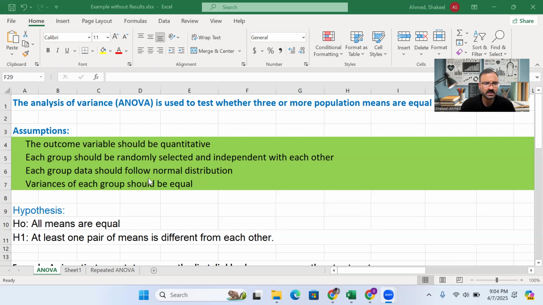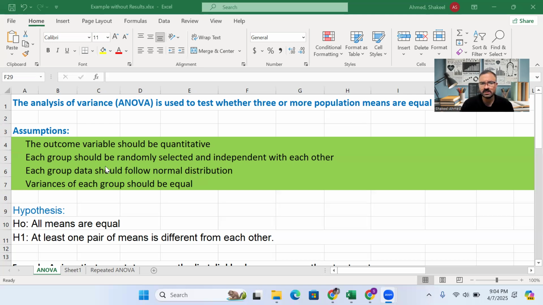So the assumptions are: the outcome variable should be quantitative, at least on a continuous or quantitative scale, and each group should be randomly selected and independent of each other. There should be no overlapping.